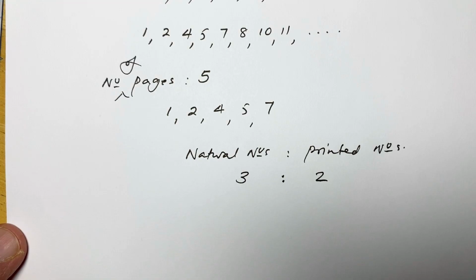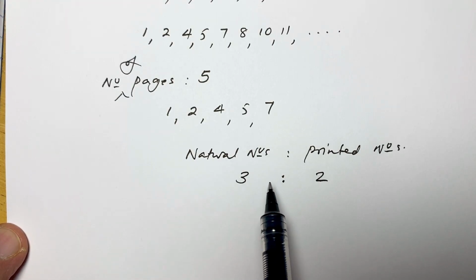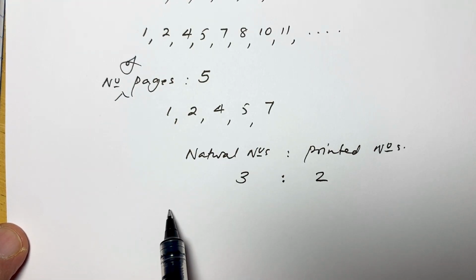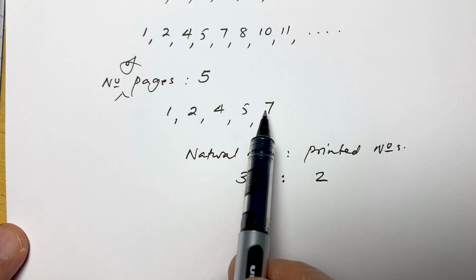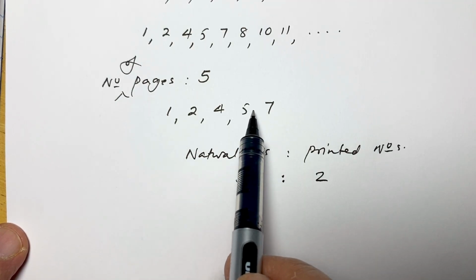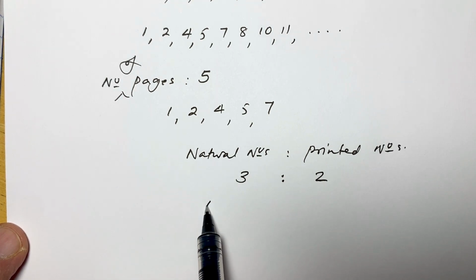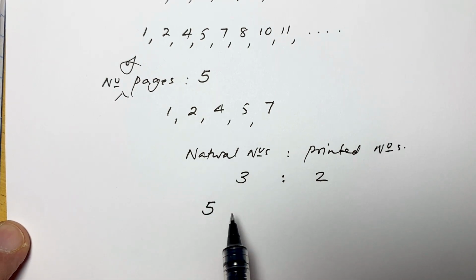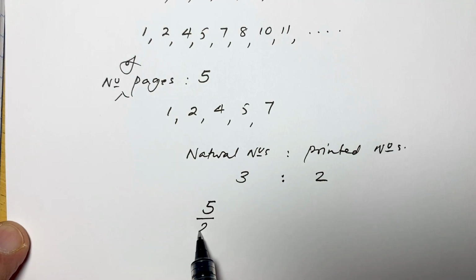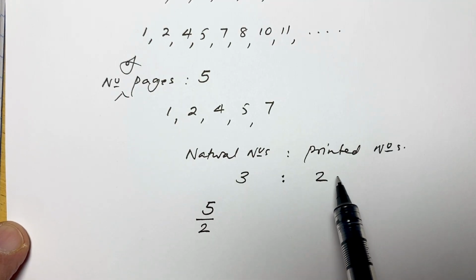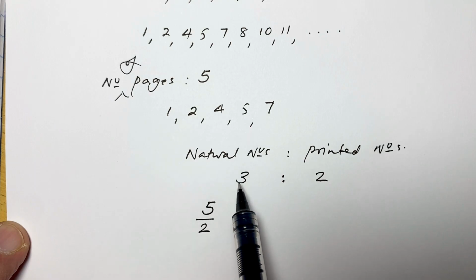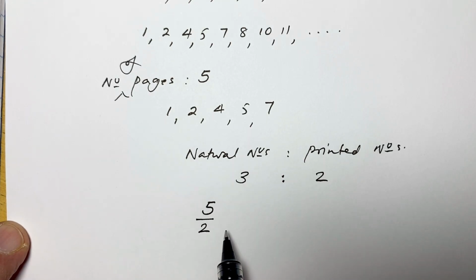So that means in order to obtain the number on the 5th page, I need to use the number of pages and divide that by 2, because for every 2 printed numbers, I will have 3 natural numbers.